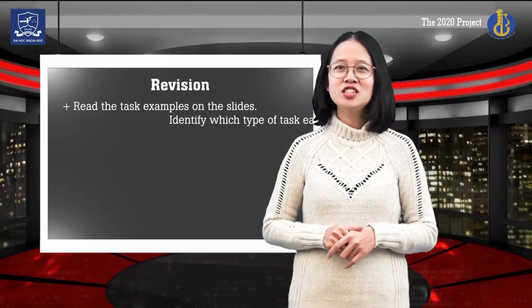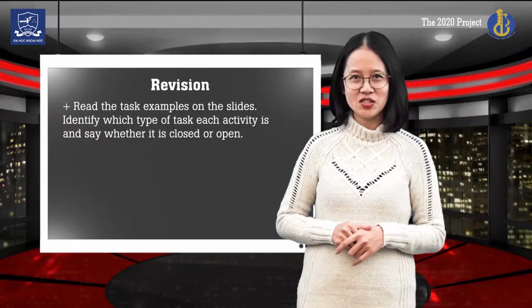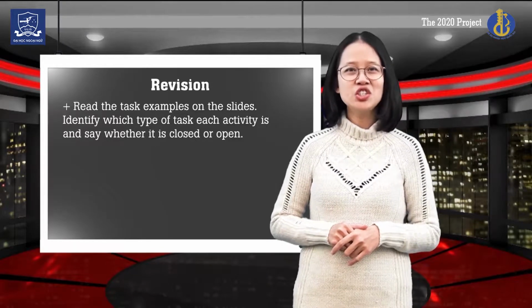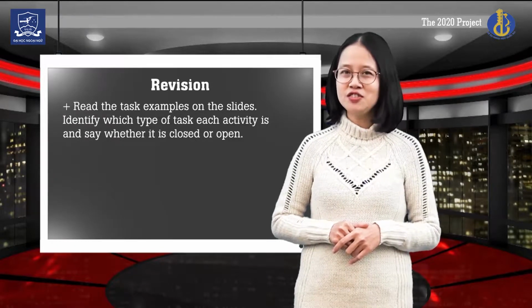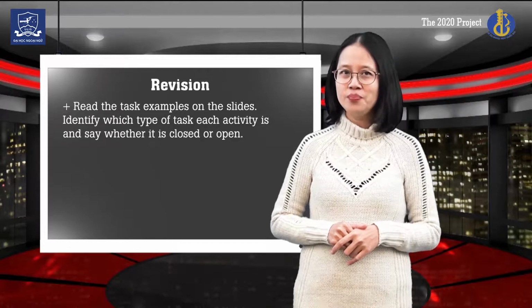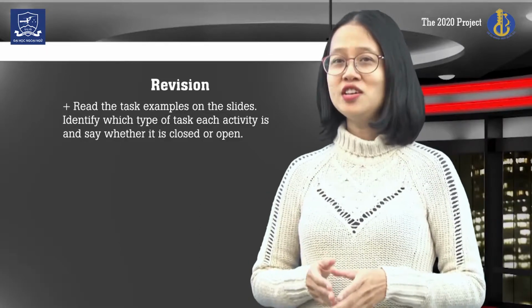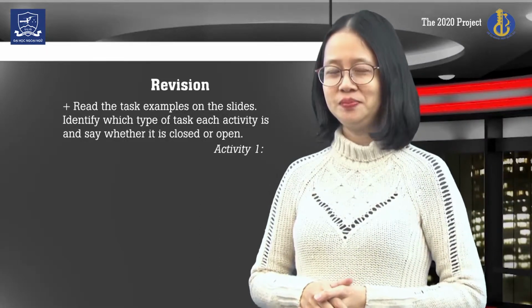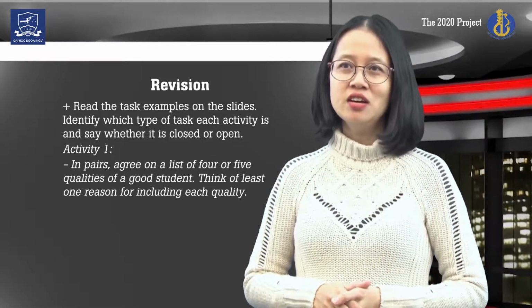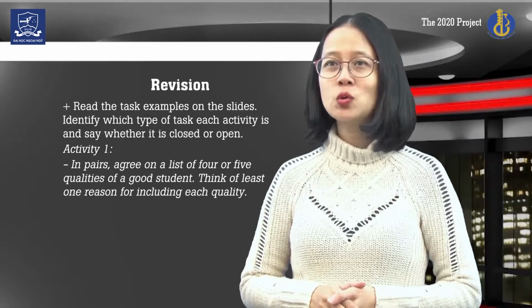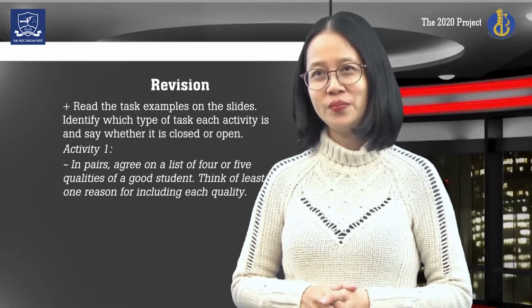Now, read the task examples on the slides. Identify which type of task each activity is, and say whether it is closed or open. First, we have Activity 1. In pairs, agree on a list of 4 or 5 qualities of a good student.